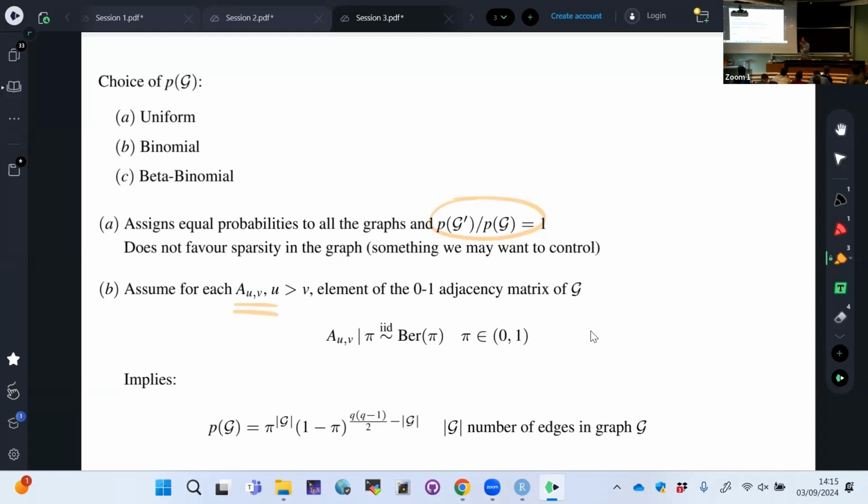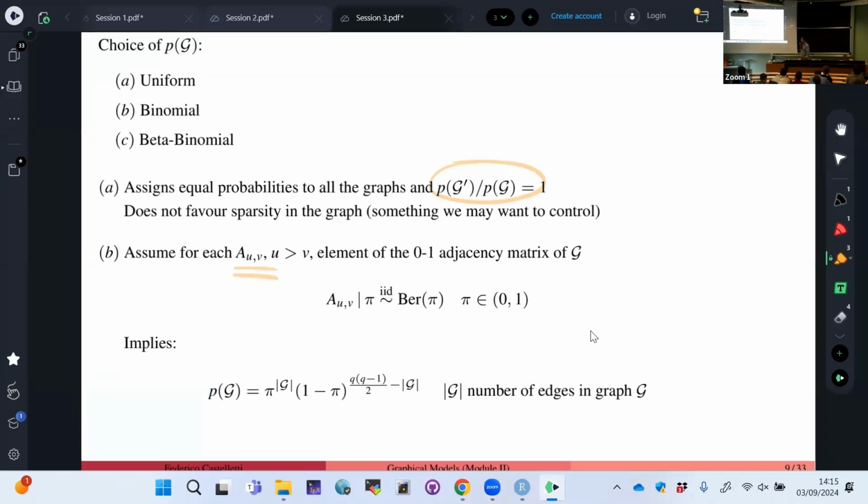If we assume that the elements are IID Bernoulli pi, then the induced prior on the graph G is the product over all the elements in the lower triangular part of the matrix, which can be written in this form here, which is more or less a binomial likelihood, up to the binomial coefficient at least.